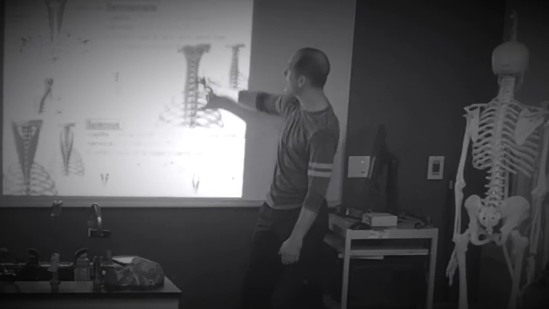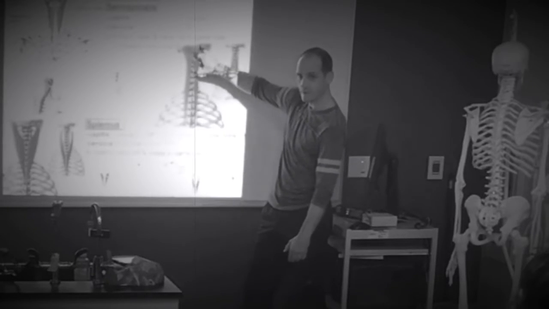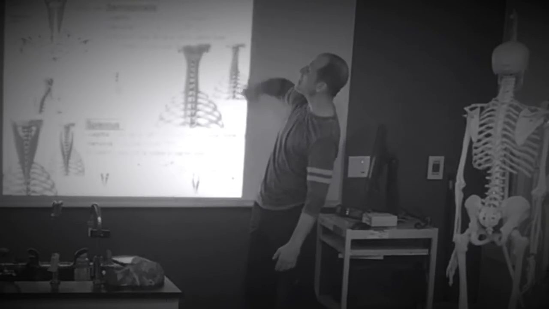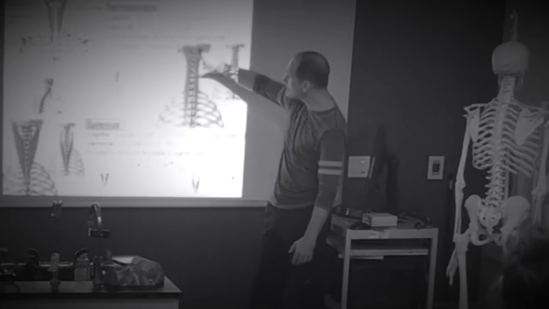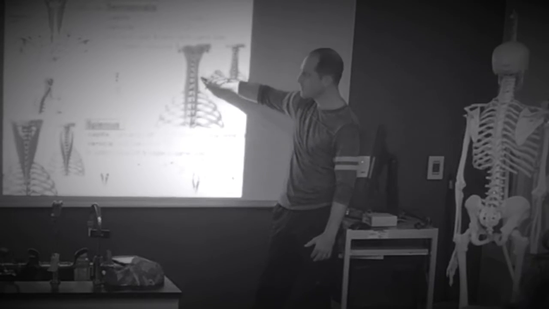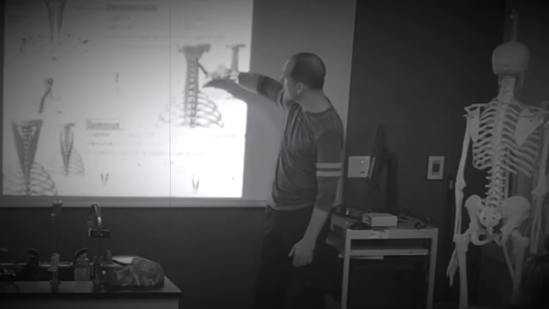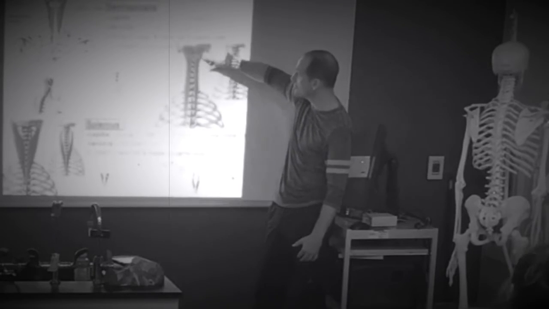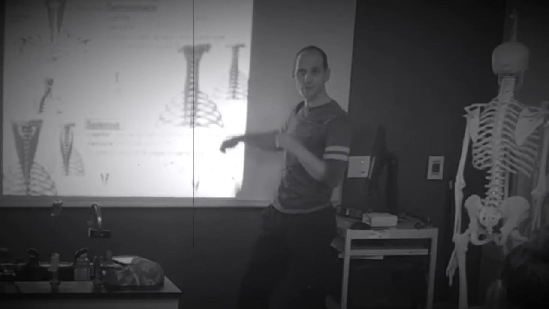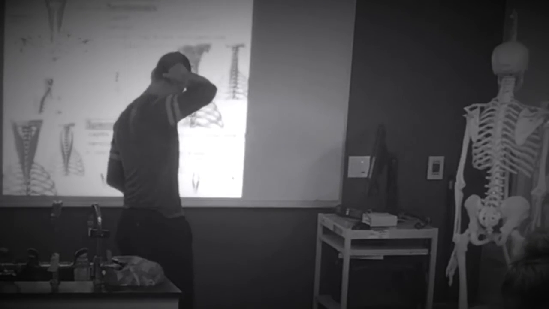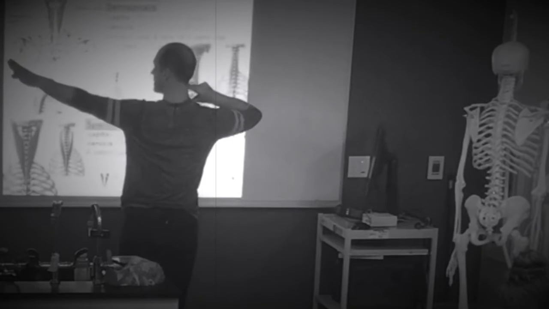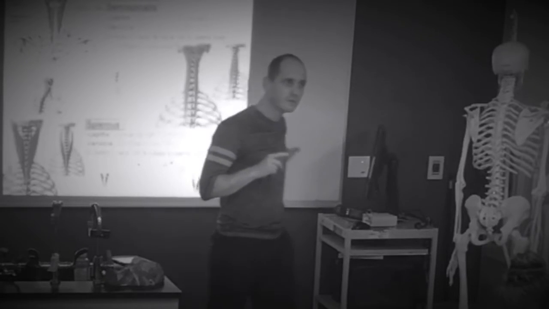There's one that reaches to the neck and there's one that reaches to the head. When they contract, they extend the head and the neck, and they tilt it to the same side. But since they're attached from the outside to the midline, they will rotate the head to the opposite side. So they're attached here, midline to the lateral, and then when they contract, they will rotate it over to the opposite side. Does that make sense?